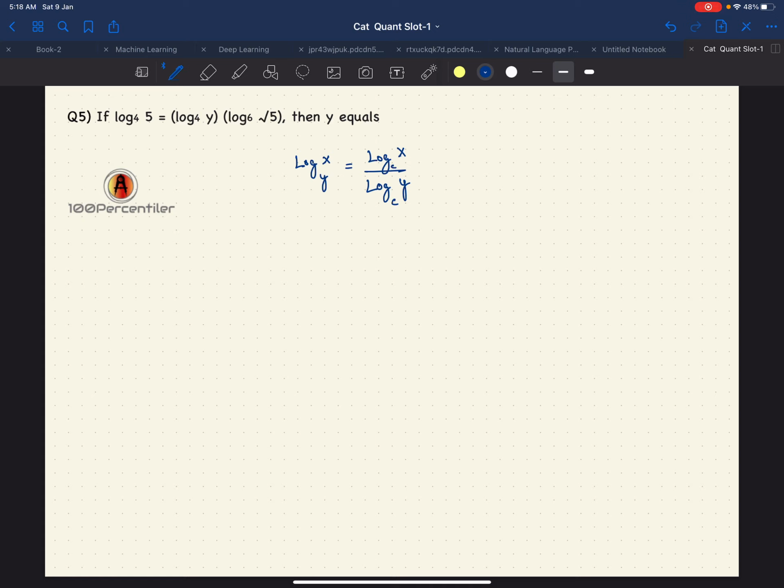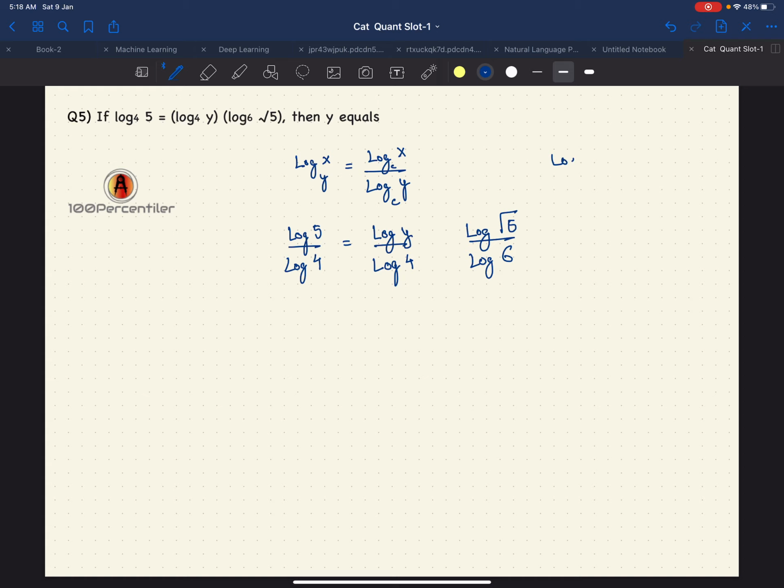Let's call it c. So this is like a property for logs. Now we can write this as log 5 upon log 4 is equal to log y upon log 4 multiplied by log of root 5 upon log of 6.